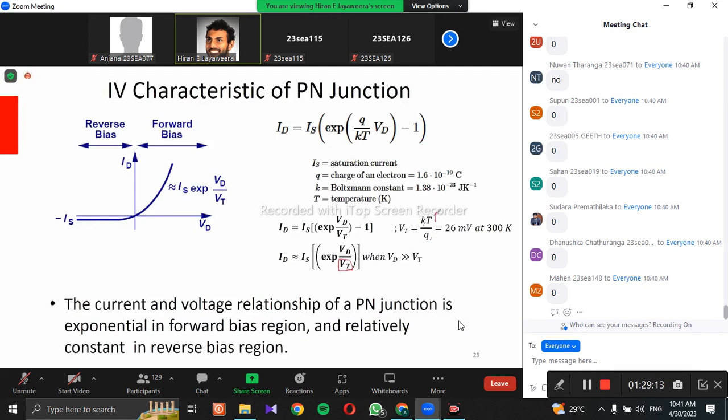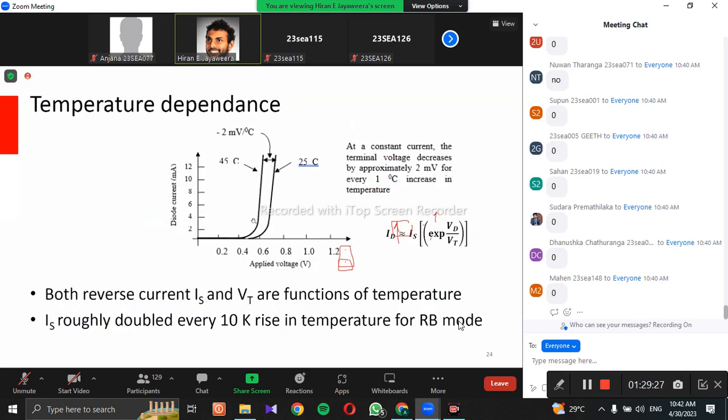So as temperature increases, VT increases. So when VT increases, basically this divided by this whole parameter decreases. So for different temperatures, you can see different VI curves. When temperature increases, this one increases, the whole thing decreases, right?